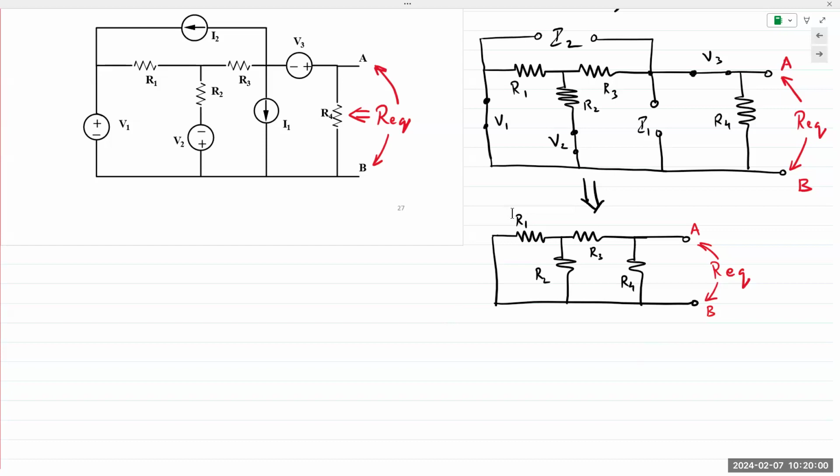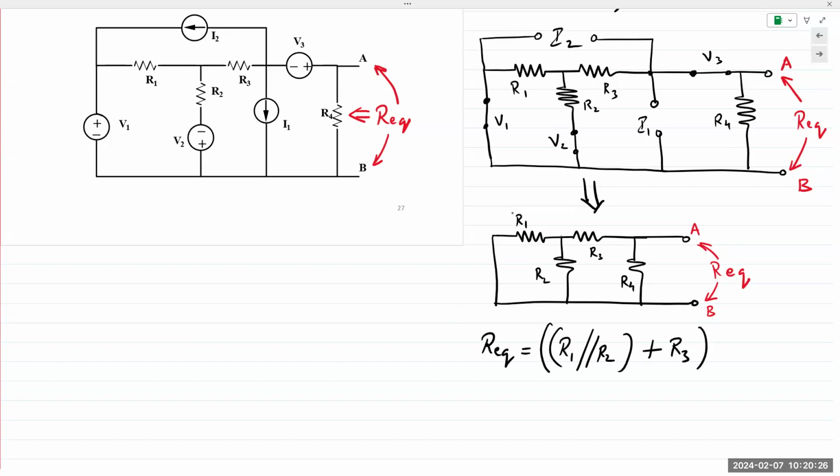they are absolutely in parallel because of the short of V1. R1 is now connected at both ends to R2. So I can write the equation for REQ as R1 in parallel with R2. Then next up is R3, parallel or series. So it's in series with R3.